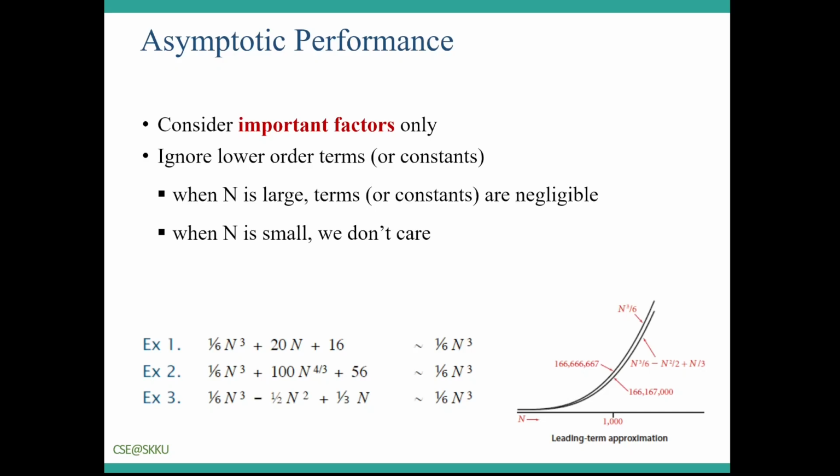Basically, this big O notation gives us an upper bound of function Fn. As shown in the graph, beyond N0, Fn never grows faster than a constant multiple of Gn.